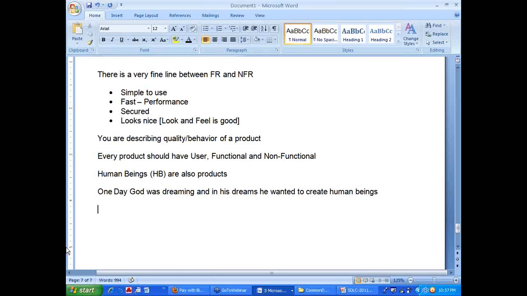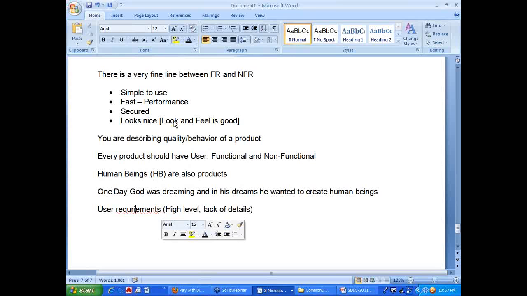It's like Facebook. There are no users, God is the owner, going to create it. So he defines user requirements, high level in nature. User requirements are high level, lacking details. So God came up with this idea to create human beings. He said, let there be human beings.